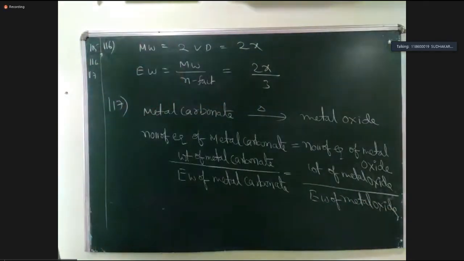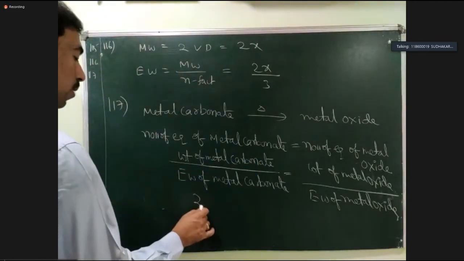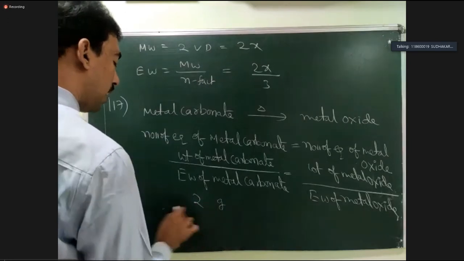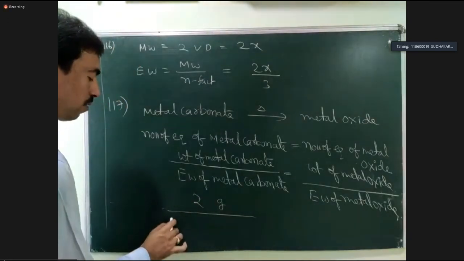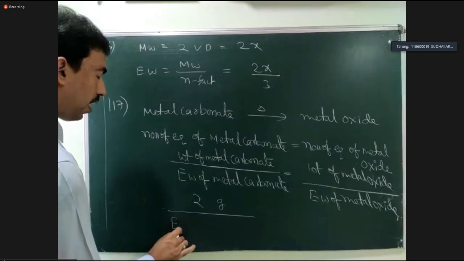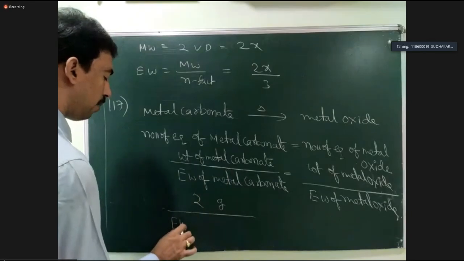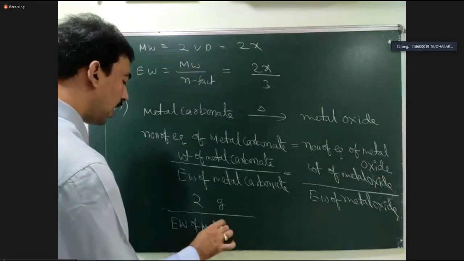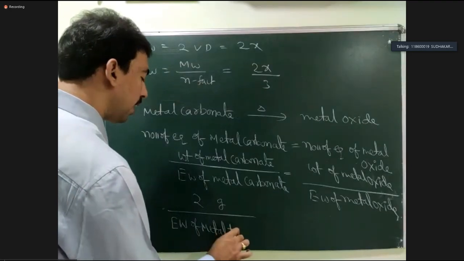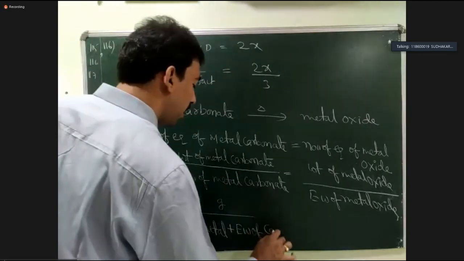Now, how much mass of metal carbonate is decomposed? 2 grams, by the equivalent weight of metal carbonate. Listen carefully: the equivalent weight of metal carbonate is nothing but the equivalent weight of metal plus the equivalent weight of carbonate.